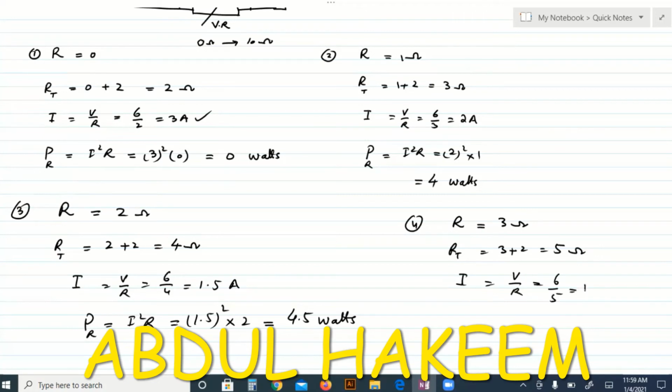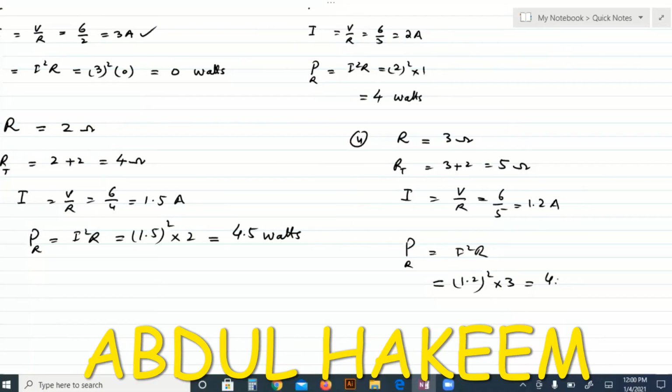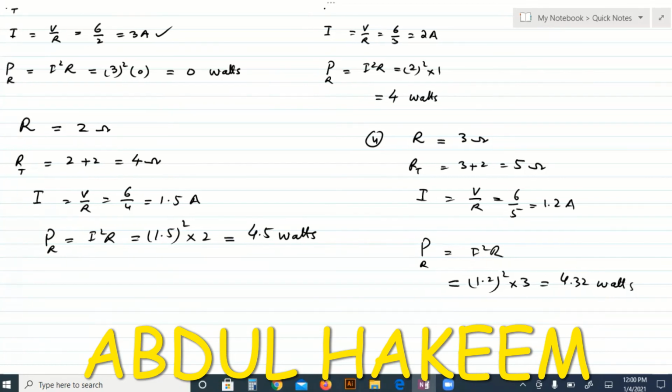So it becomes 1.2 ampere. Current further decreases from 1.5 to 1.2. And the power of the external resistor, I square R, becomes 1.2 square multiplied by 3. So this is 4.32 watts. Now the power starts decreasing.